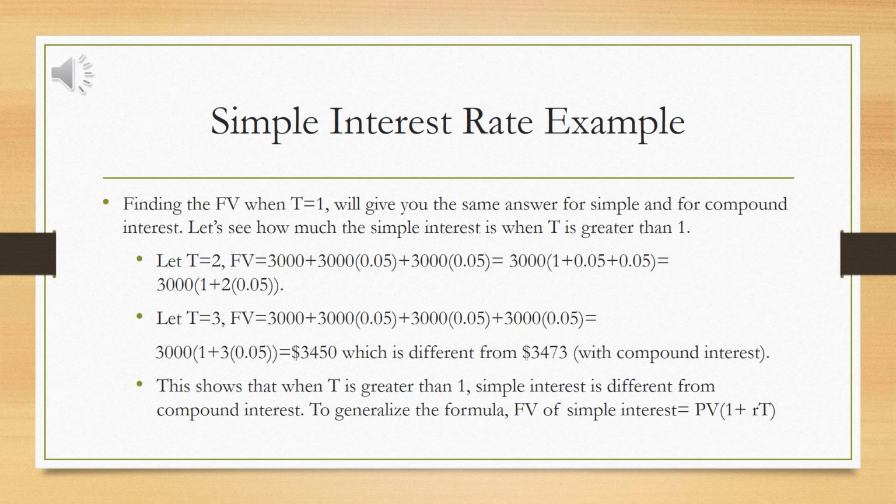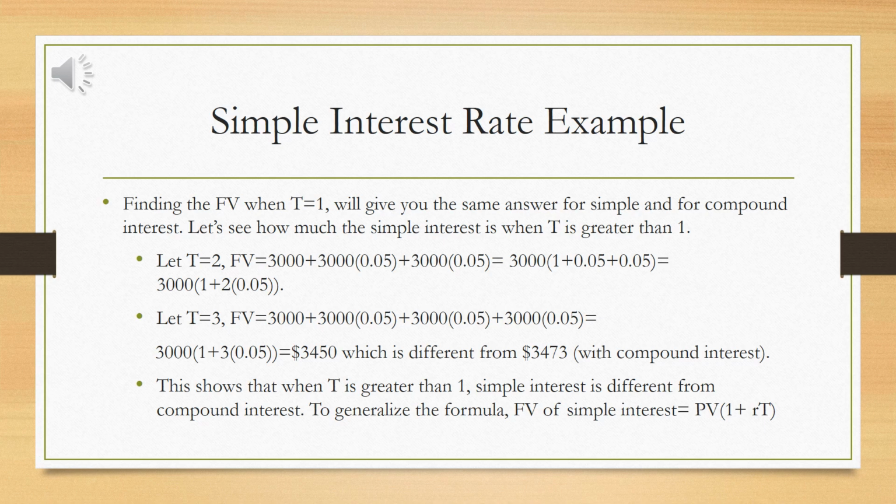Then the future value will be $3,000 plus 3,000 times 0.05 for the first year plus 3,000 times 0.05 for the second year. In other words, 3,000 times (1 plus 0.05 plus 0.05), or 3,000 times (1 plus 2 times 0.05).